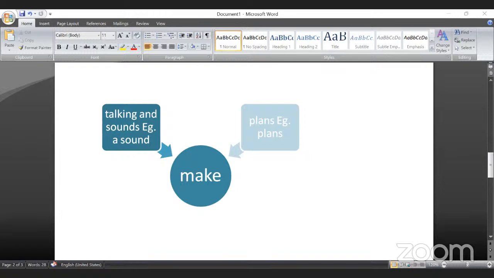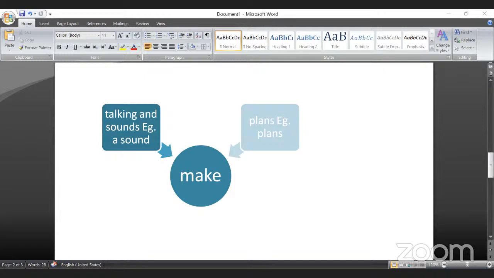So this is the distinction that you should learn to make between the general combination of verb and noun and the delexicalized combination of the verb and noun. Make a comment, make an inquiry, make a noise, make a sound. So that's the first category related with make.